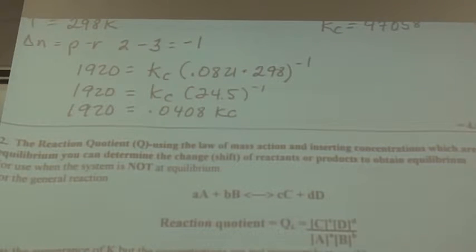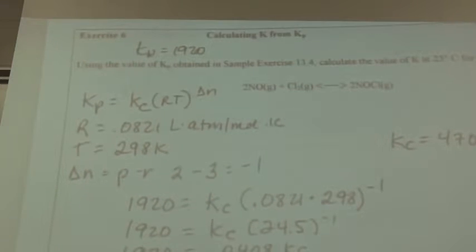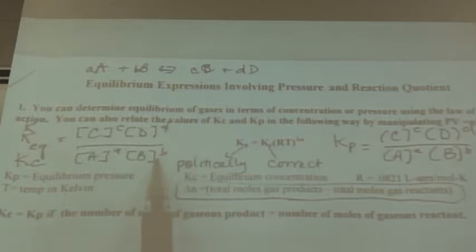All right, now I want to talk about something totally different. Are you ready? Totally different. Put your calculators down. Pay attention. When I was talking initially about these things, the values that go in here are the concentrations at equilibrium.